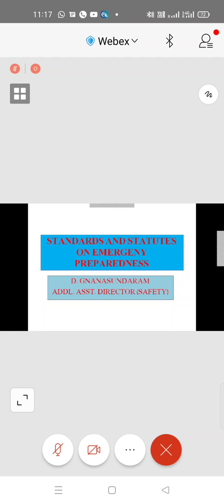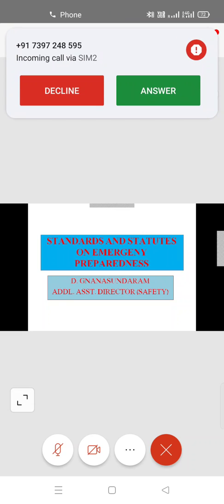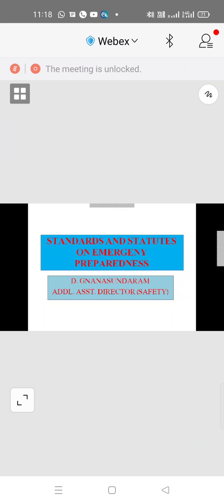So in every area there is a law. So in any workplaces, or if we are common people, we have to obey certain laws.